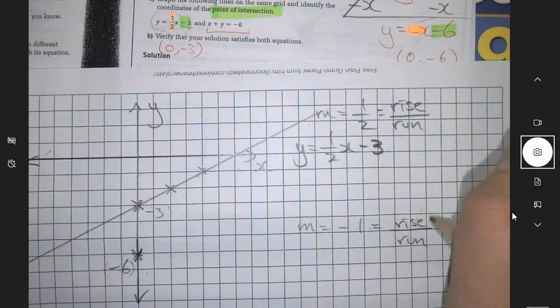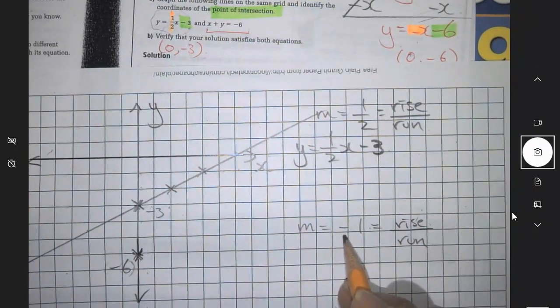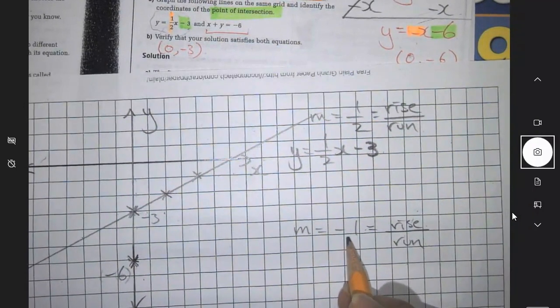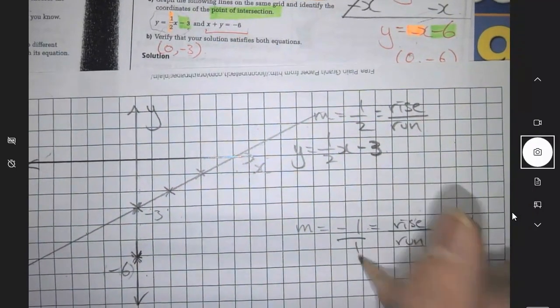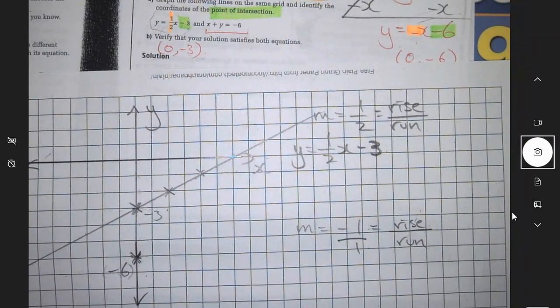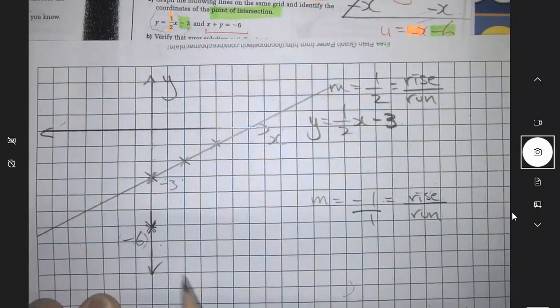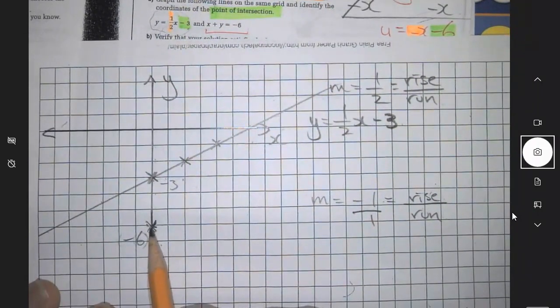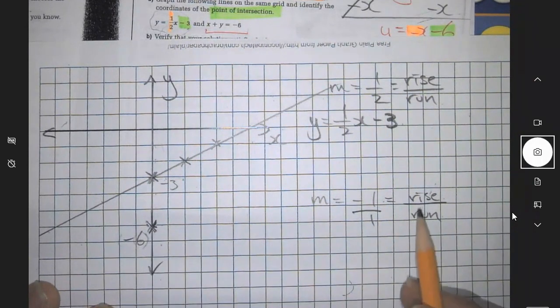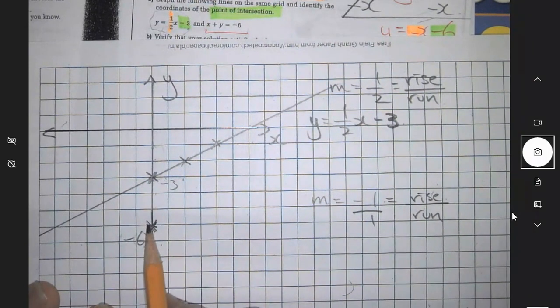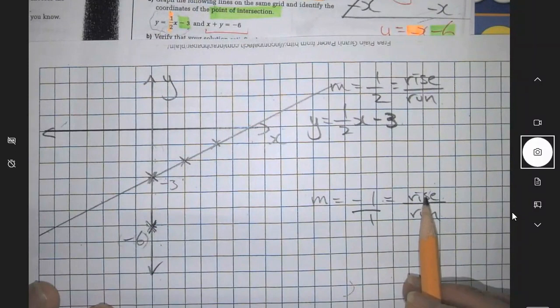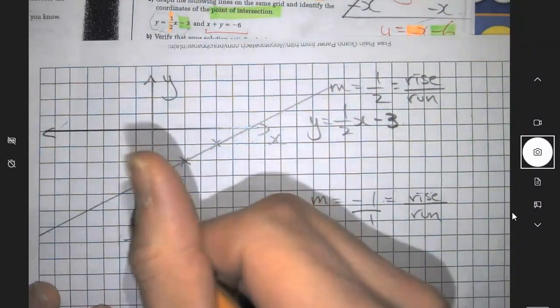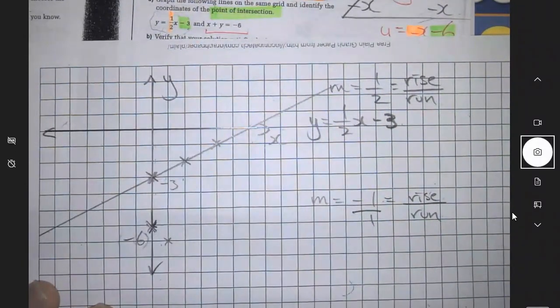So in this case, you'll have a rise of minus 1, which is really a drop, and a run of 1. So it's like going down. From this point here, the y-intercept, run of 1, rise of minus 1, go down 1 point. So that's our second point.